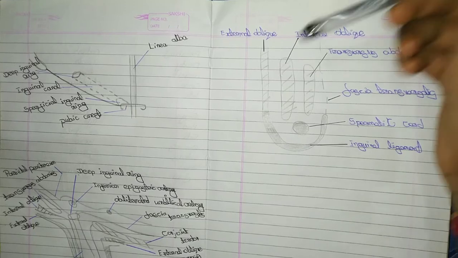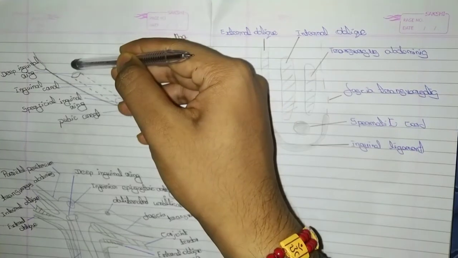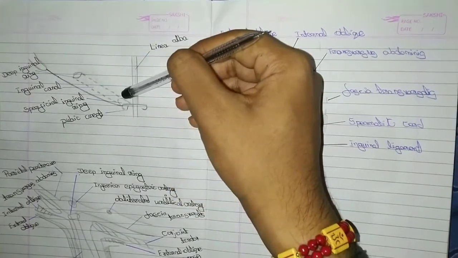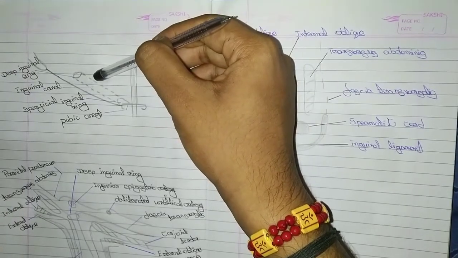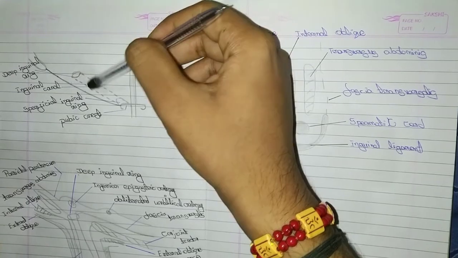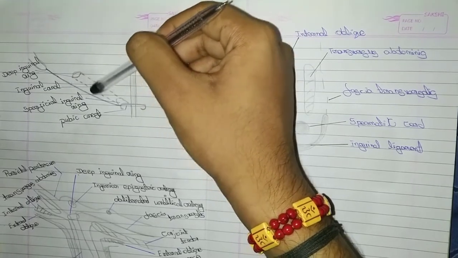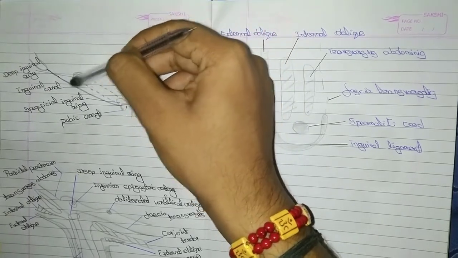Inguinal canal extends from deep inguinal ring to superficial inguinal ring. It is 4 cm in length. It is marked by 2 parallel lines just above the medial part of inguinal ligament.